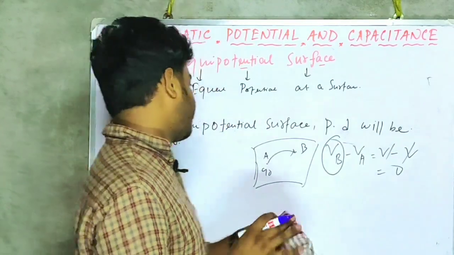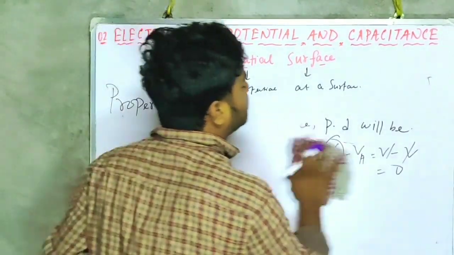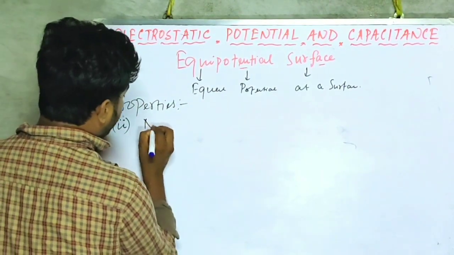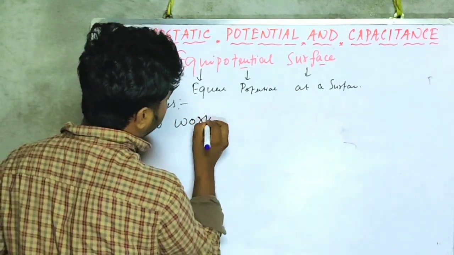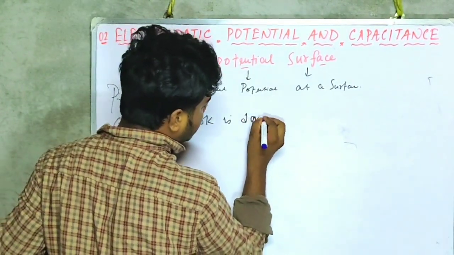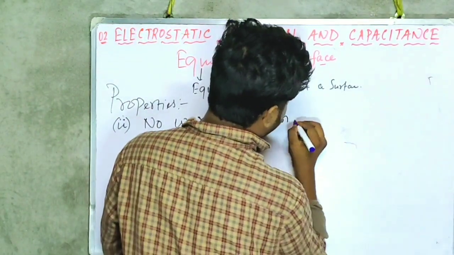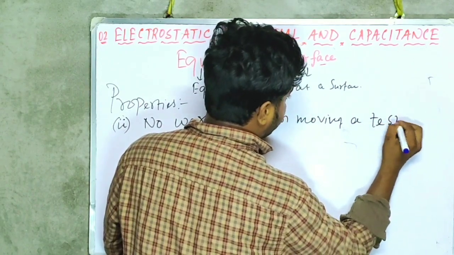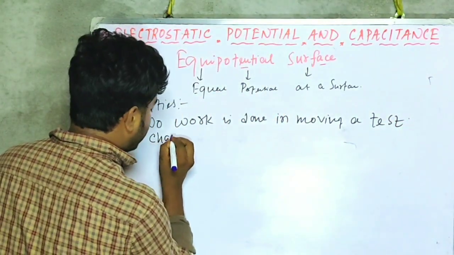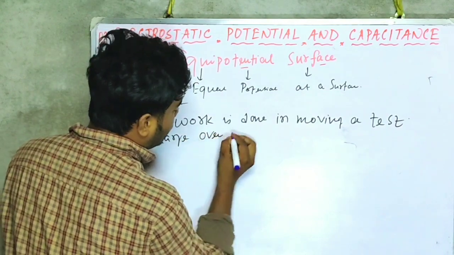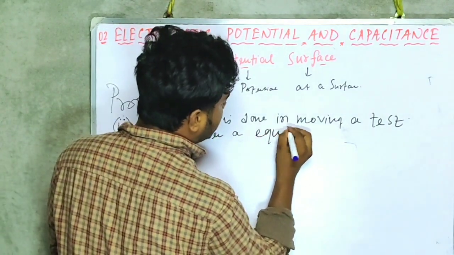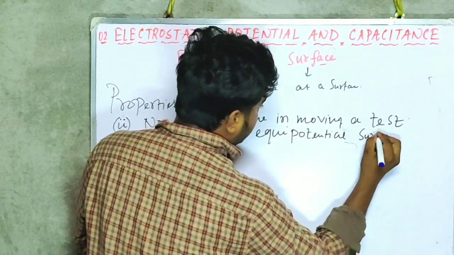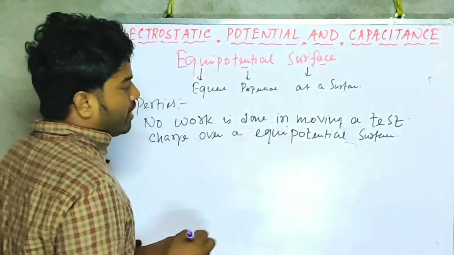Now the second property, number 2: no work is done in moving a test charge over an equipotential surface.